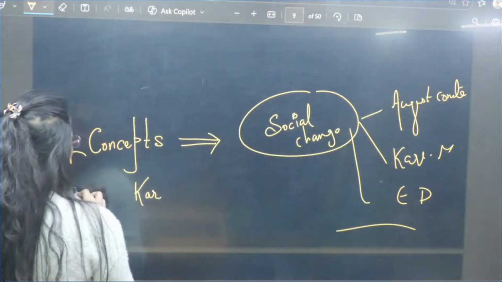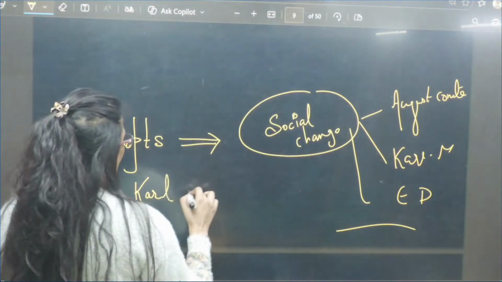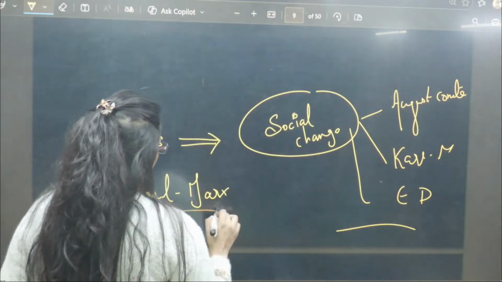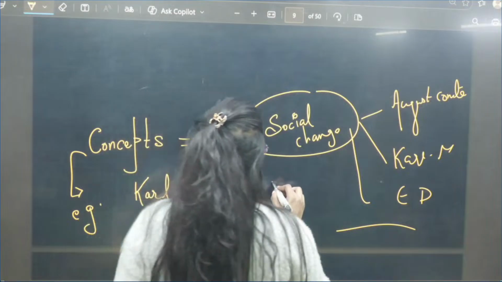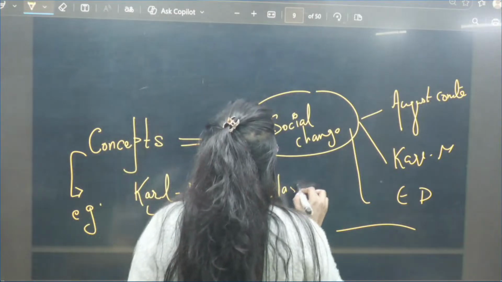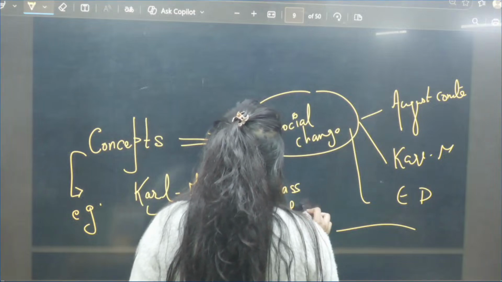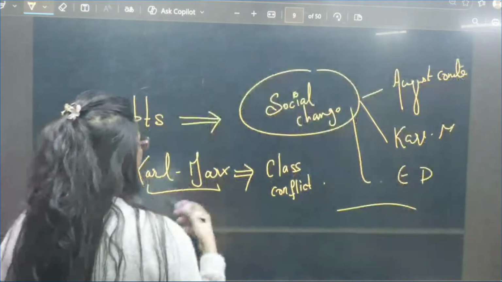I'm explaining concepts and this is an example. Now Karl Marx, what have I used? Class or conflict. These are concepts, and Karl Marx has focused on this.